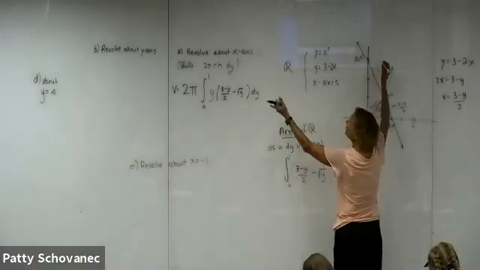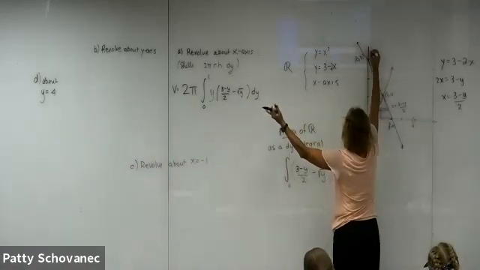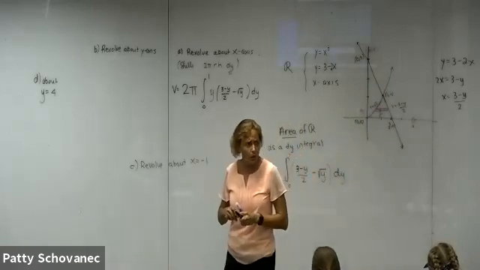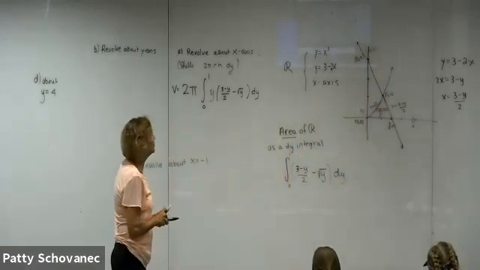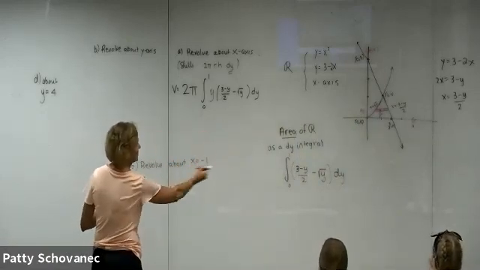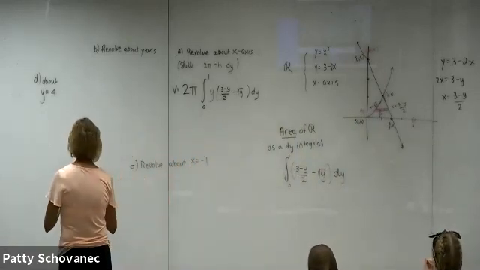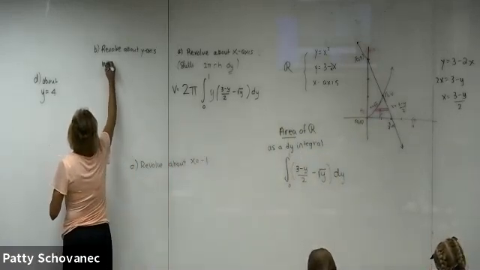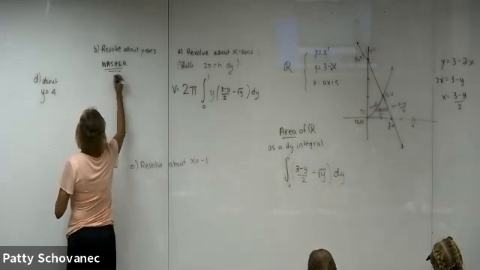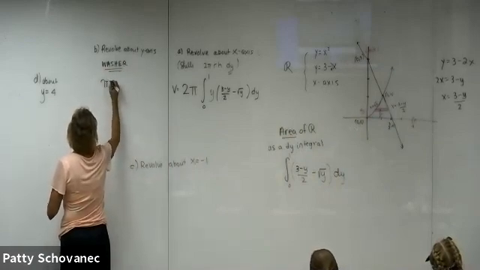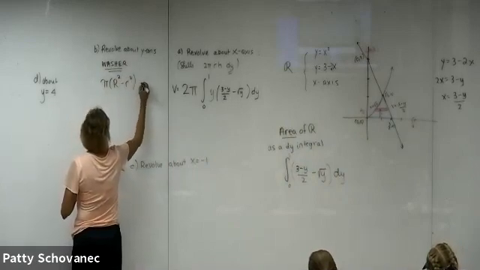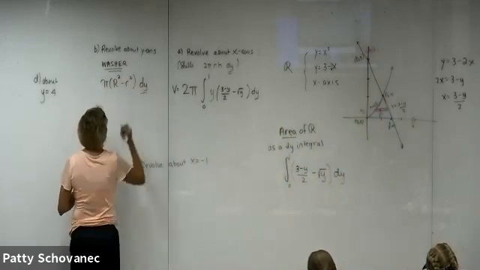We're going to go about the y-axis, keeping the rectangle horizontal. So we're still going dy. But what figure is generated if you take that little red rectangle and swing it about the y-axis? A washer. You're going to get a washer. So our washer plan was pi outer radius squared minus inner radius squared, and our rectangle is telling me it's dy.